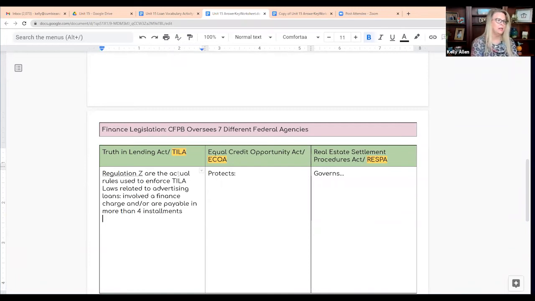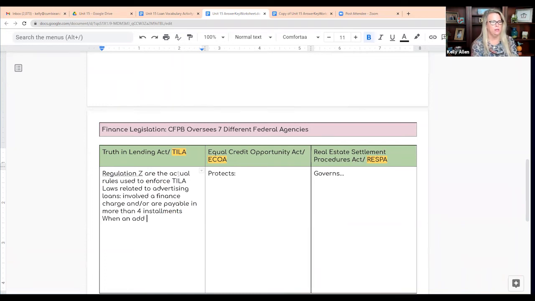It says that if certain information is shared in an ad, then the lender has to disclose certain information as well.